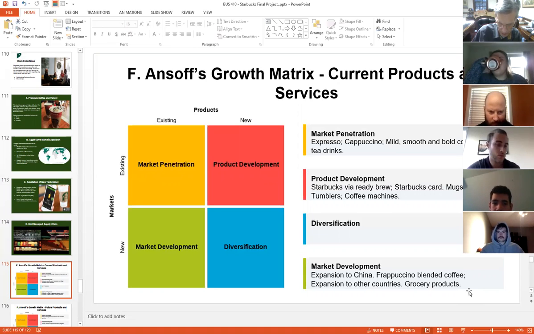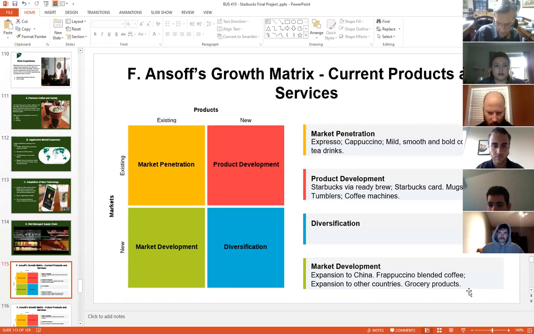Okay, here we have Ansoff's growth matrix, current products and services. So we have market penetration: drinks such as espresso, cappuccino, mild, smooth, and bold coffee and tea drinks. We have product development: Starbucks VIA Ready Brew, Starbucks card, mugs, tumblers, and coffee machines.